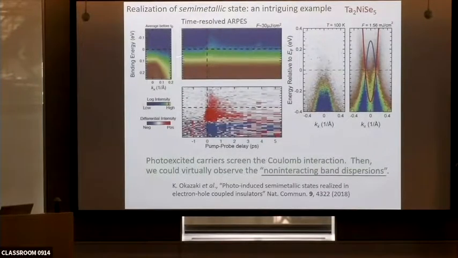This material was made by Okazaki at ISSP, University of Tokyo, published in this paper. This is a time-resolved angle-resolved photoemission spectroscopy pump-probe experiment. Before pumping, we have the flat band here, and just after pumping, we have spectral weight around the Fermi level. Here, in the red region, spectral weight increases.